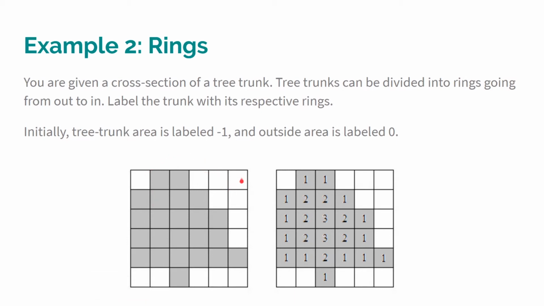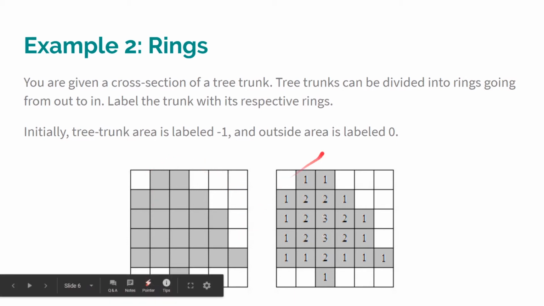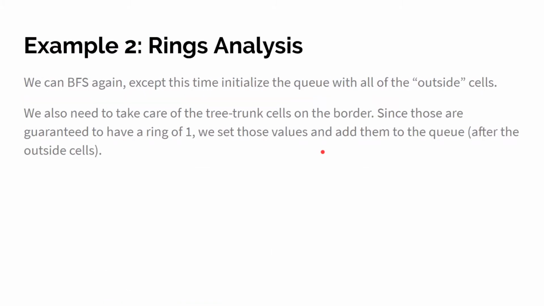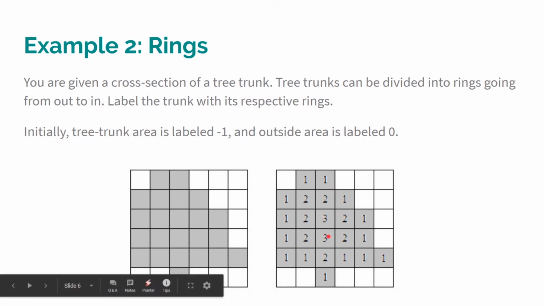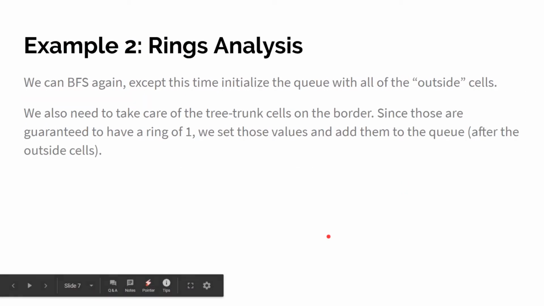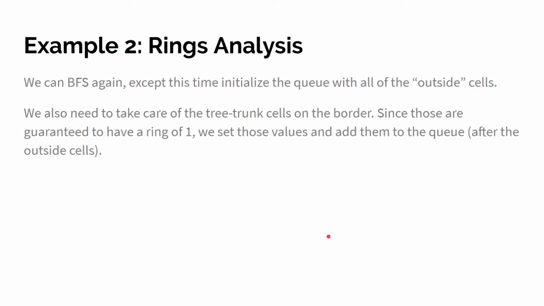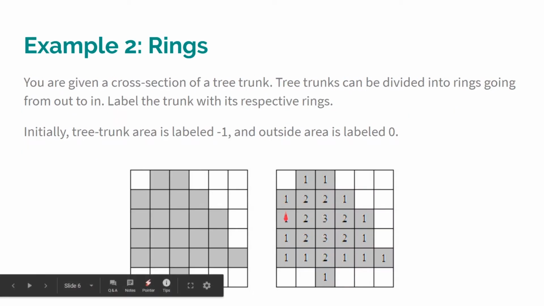And again, we could just breadth first search, except this time we initialize the queue with all of the 0 cells on the outside, right? Because essentially all we have to do is explore from outside to in. Now, we also need to take care because there are also cells on the outside that should have a ring of 1, but they're not touching any 0 cells.